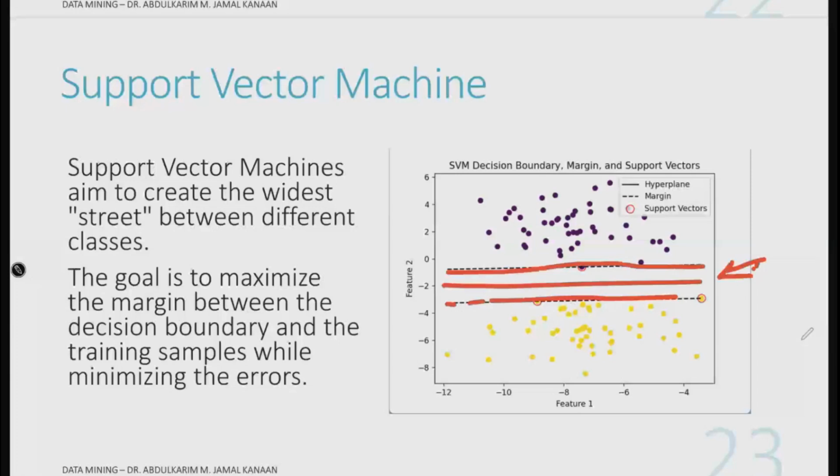So this is your decision boundary in the middle, and then it's going to look for the margin of this decision boundary. What does it mean? How to find the margin? In simple words, as if you push this decision boundary up until it touches the first data point from the first class. So this is your upper margin. Or the other way around, you move the decision boundary down until you touch the first data point from the other class. This will form what looks like a street, where you have a decision boundary with margins.